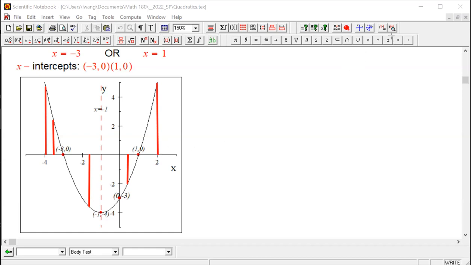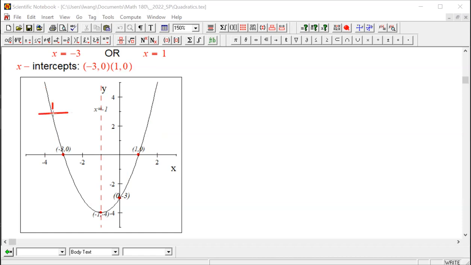It also tells us something else. It tells us that this piece of curve, from -3, 0 all the way up, is actually a positive piece. All the output is positive. And this piece underneath is a negative piece. Let me clean it up and mark it again.